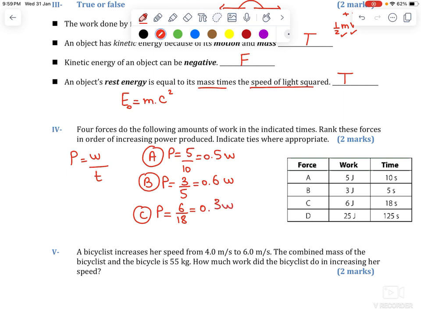And finally D, the power equals 25/125, which will give me 0.2 watt. So increasing order means that I need to start from the least to the greatest. So D, then C, followed by A, and the largest is B.